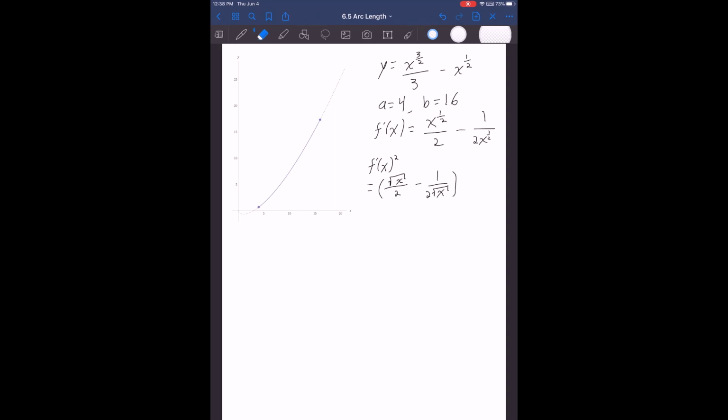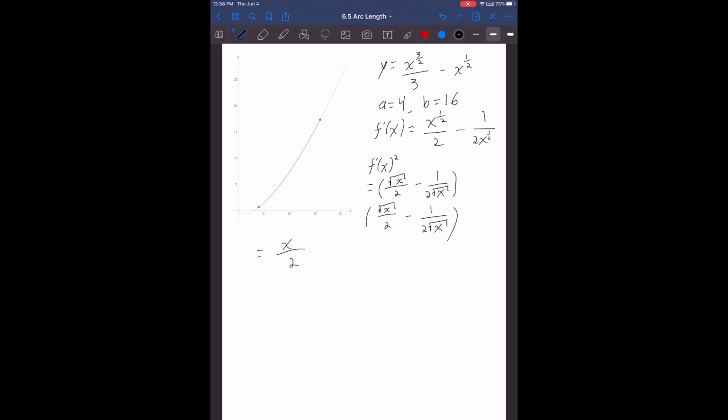All right, my pen is now back alive, so we can continue this problem, right? We were trying to figure out what f prime of x squared is, so we are just taking this and writing it out as the square root of x over 2 minus 1 over 2 square roots of x. We can FOIL this out.